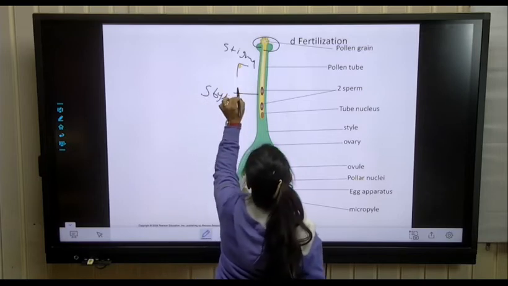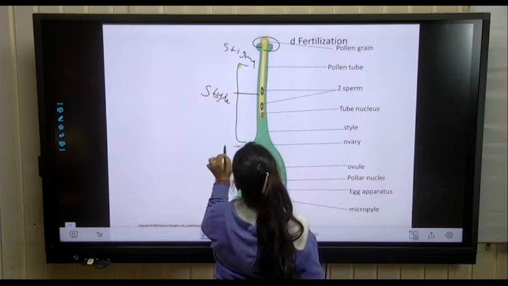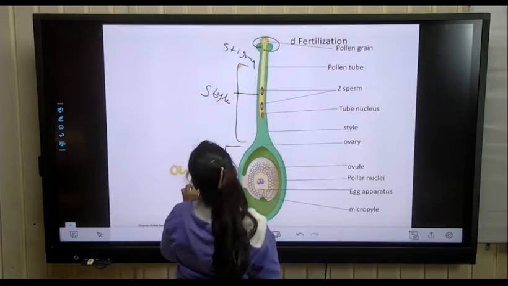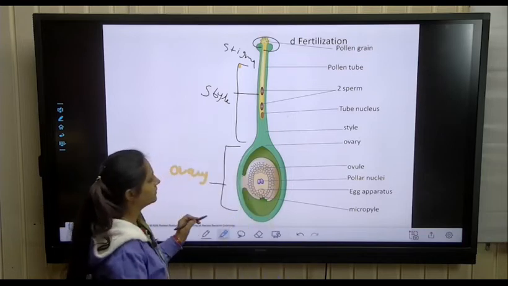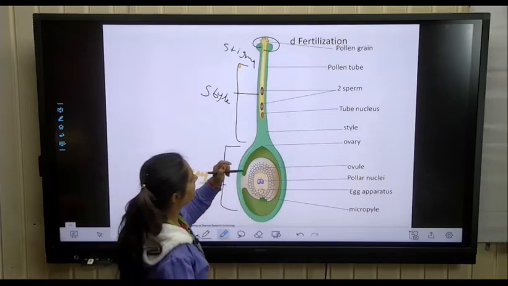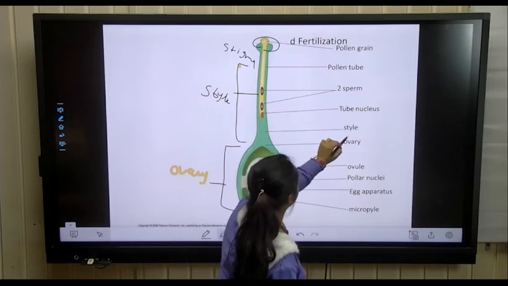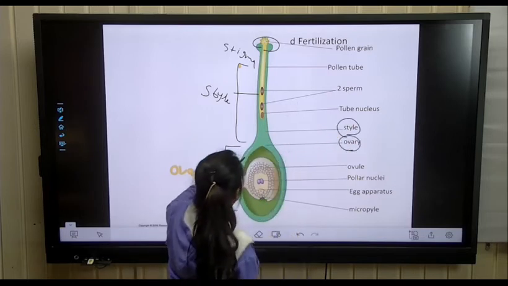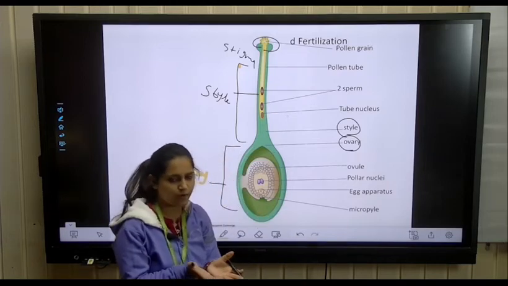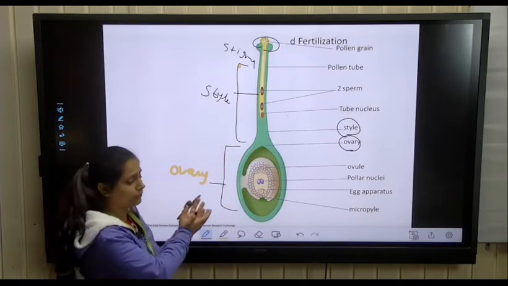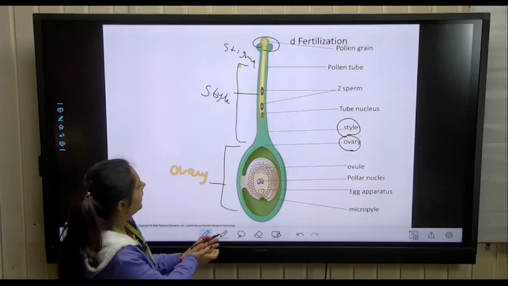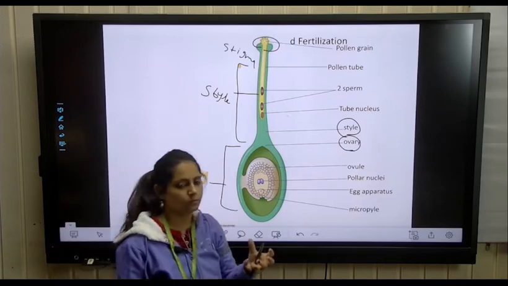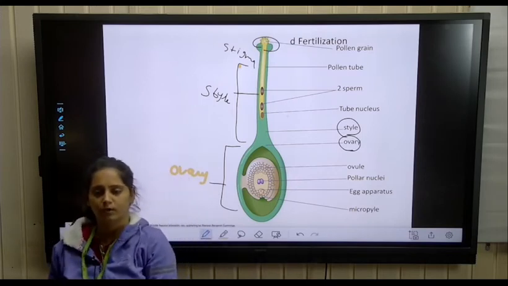This whole long tube like structure, and this part is known as ovary. So it has 3 parts: stigma, style and ovary. Ovary is this whole lower most part of a female, that is known as carpel, and stigma is the uppermost, that works like a receptor for the pollen grains.